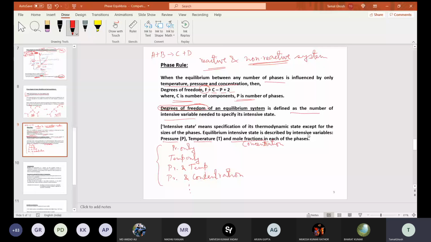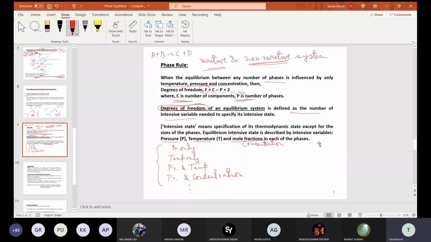Now here, C is the number of components, P is the number of phases. Phases we have considered, components we have not considered, so we'll see the components.